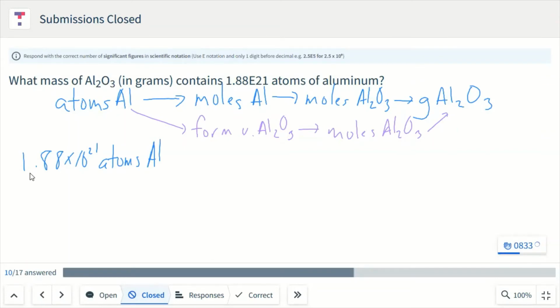On the blue path, I'm going to convert that to moles. So go straight into Avogadro's number, 6.022 times 10 to the 23rd atoms in 1 mole.